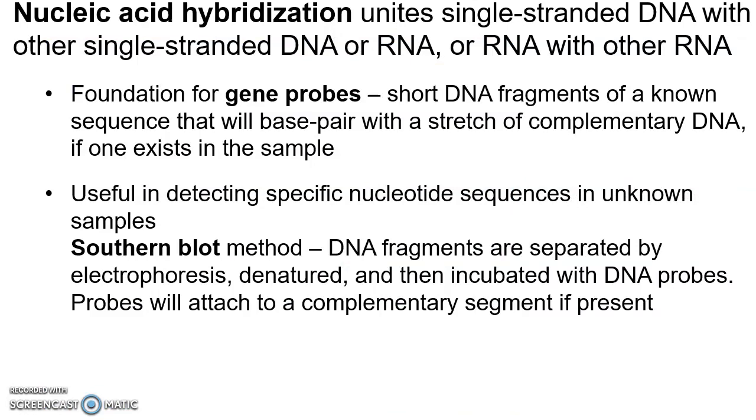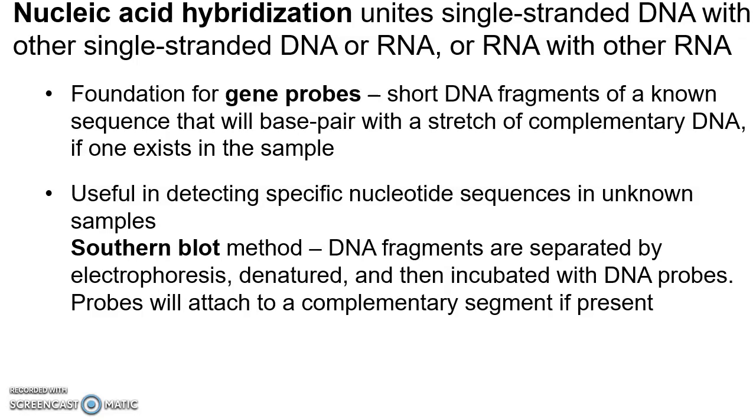Okay, so other ways to analyze DNA: nucleic acid hybridization, which unites single-stranded DNA with a complementary strand of either single-stranded DNA or RNA, or you can cause RNA to hybridize or join with another RNA strand.